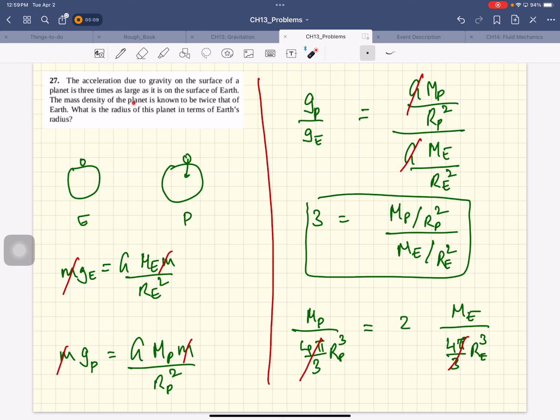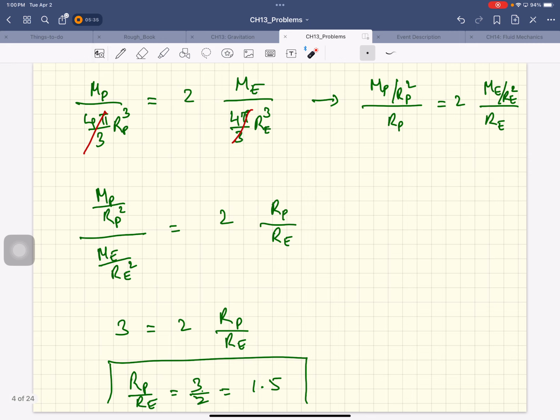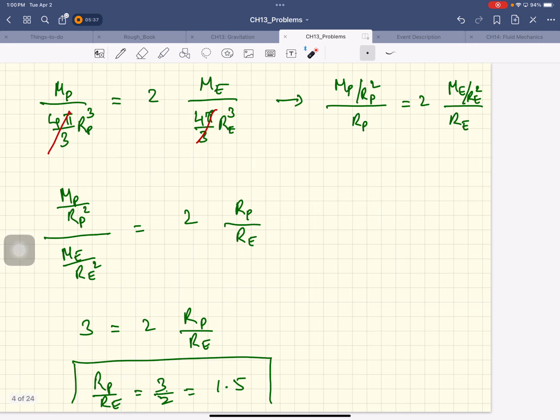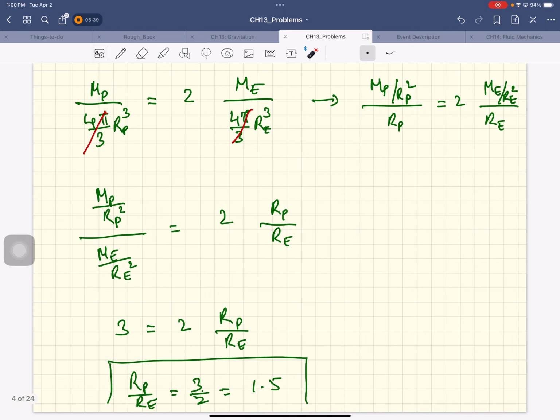They say the mass density of the planet is known to be twice that of Earth. Mass density is mass divided by volume. So this is the density of the planet is two times the density of Earth. Yeah. Any other questions on that?